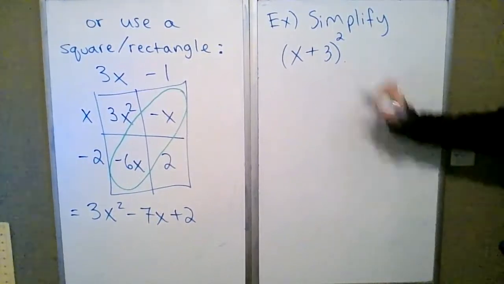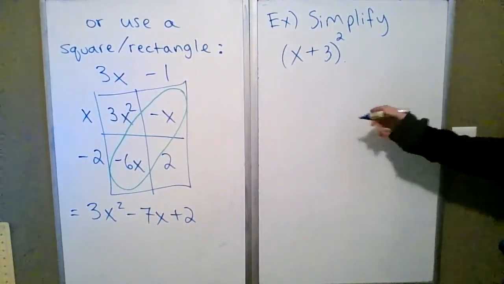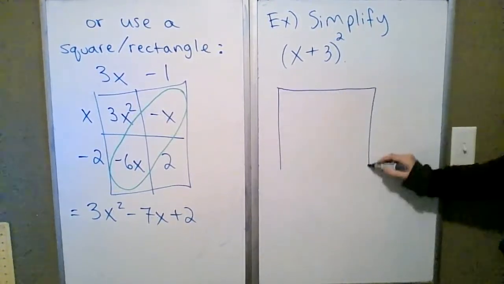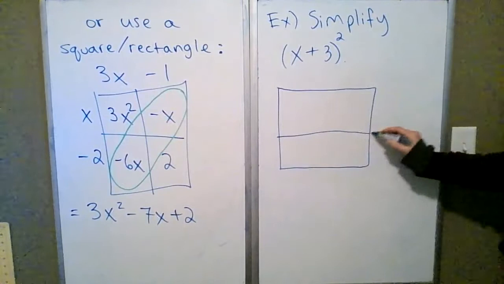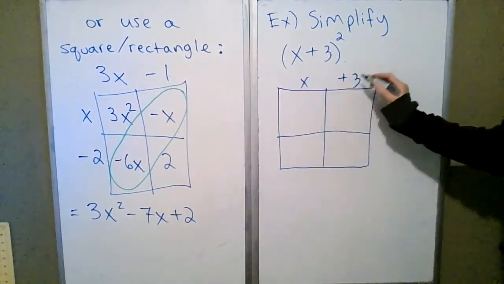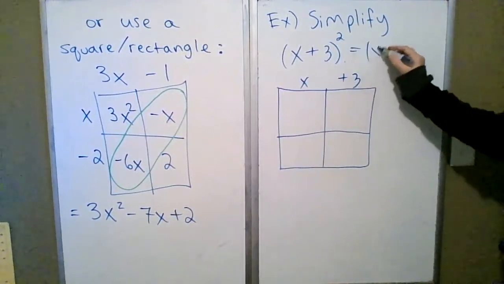You could FOIL this out, which maybe we'll do as well, but I'm going to start with this square shape. I have x plus 3, which is going to be multiplied with x plus 3.